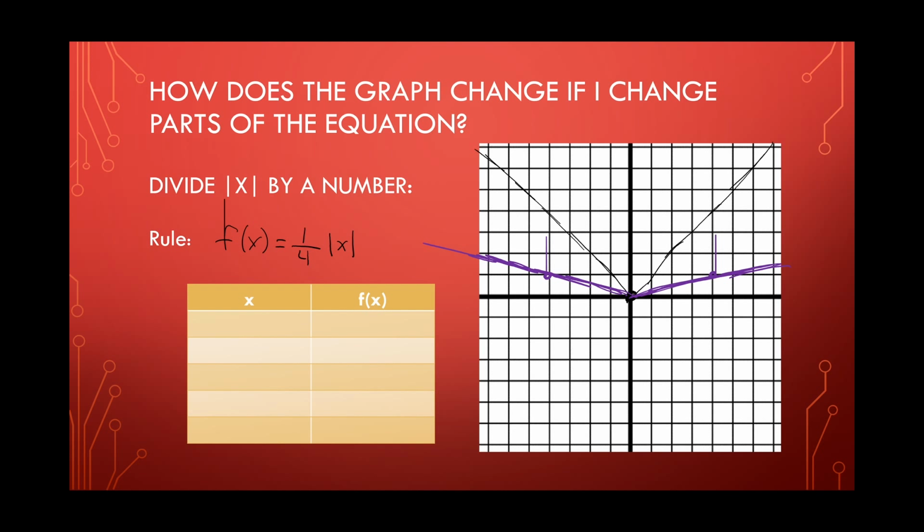So if what I'm multiplying by is smaller than 1, I'm really going to be squishing it flat. Notice your vertex didn't move at all. I'm stretching it or I'm squishing it, but my vertex does not move.